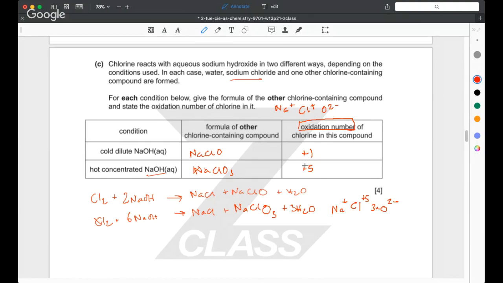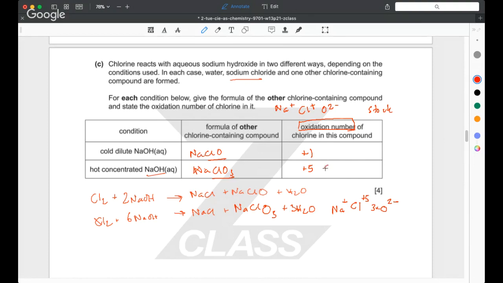So those are the oxidation numbers of chlorine, and you can use them to give a systematic naming for these substances, which is called the Stock nomenclature. To give a formal name, that's sodium chlorate(I). And the Stock nomenclature name for this is sodium chlorate(V).